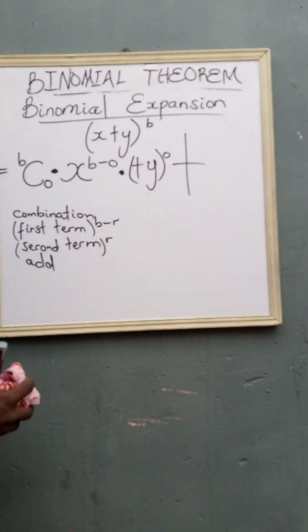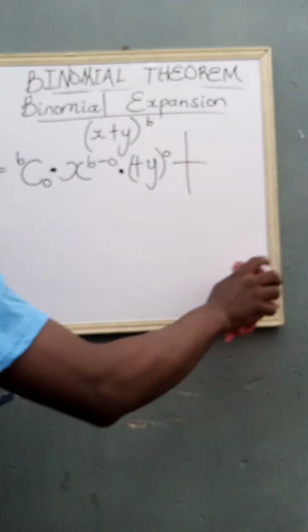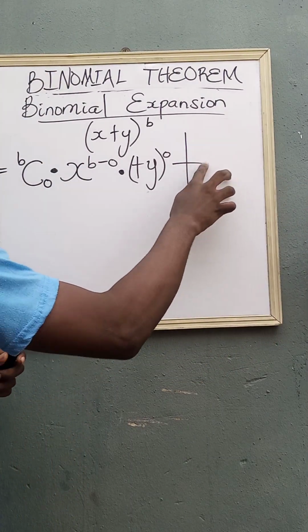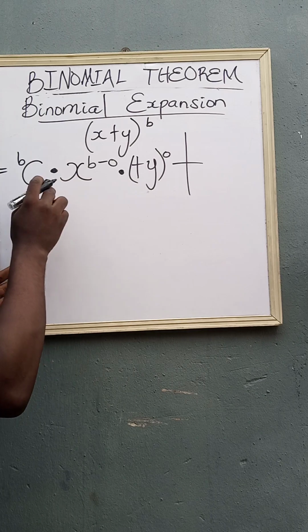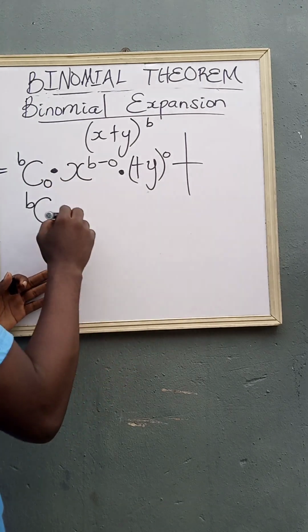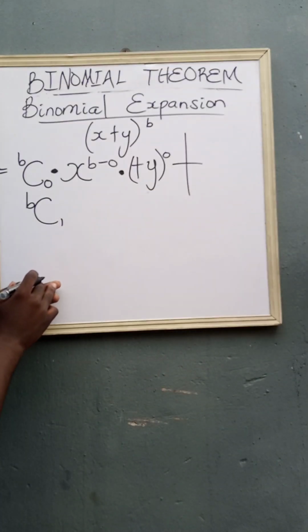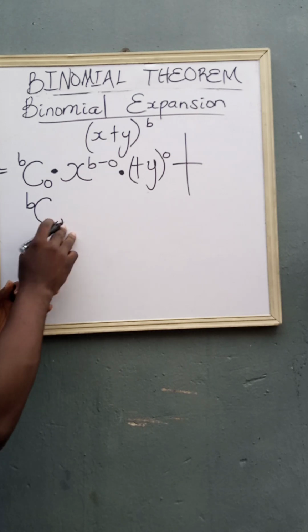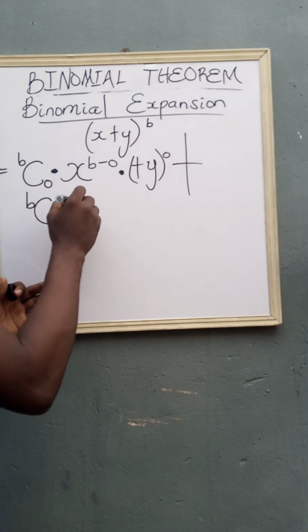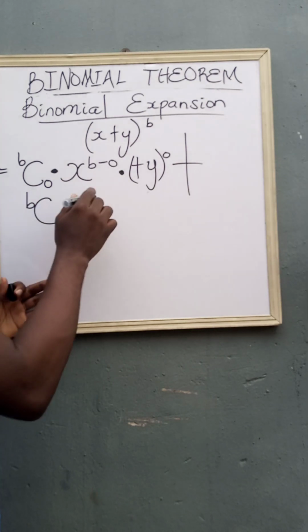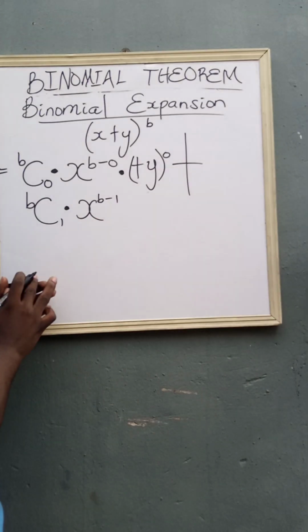So following this, we have combination. Moving on, it will be b combination 1. After 0, we move into 1. Our new r becomes 1, multiplied by x raised to the power of b minus 1.